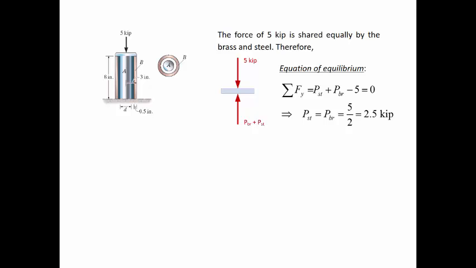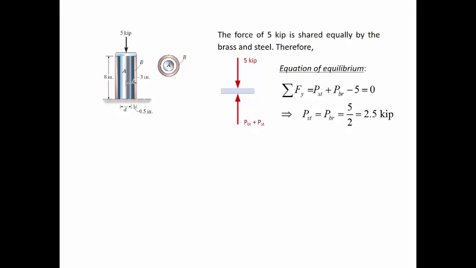However, remember that the purpose of this example is to determine the diameter D in such a way that the load resisted by the steel post and the brass tube are equal to each other. So for that, we are going to set an additional equation, which is the equation of compatibility.